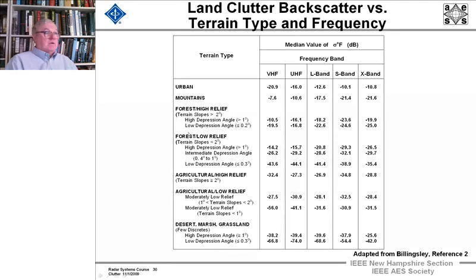And it shows within the high relief or low relief, that's terrain slopes greater than 2 degrees and terrain slopes less than 2 degrees. And then also broken down into depression angles, what the forest numbers are.